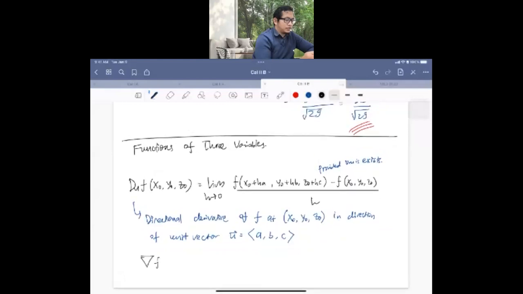And thus the gradient vector will also have the same structure, but we have now three partials.